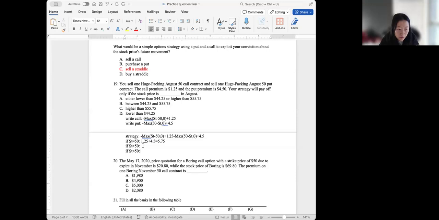And if it's greater than 50, then this part is going to be 0. So I'll need to copy this down. So this part will be 0 if ST is greater than 50. And this part is going to be ST minus 50. This equals ST minus 50 plus 5.75.